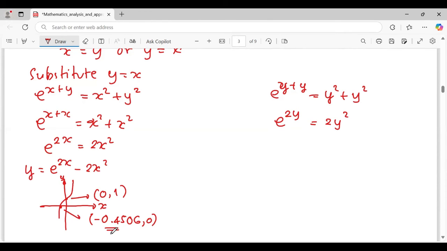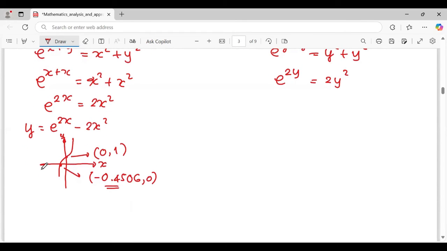So x equals minus 0.4506, or you may approximate it as minus 0.451 to three significant figures.